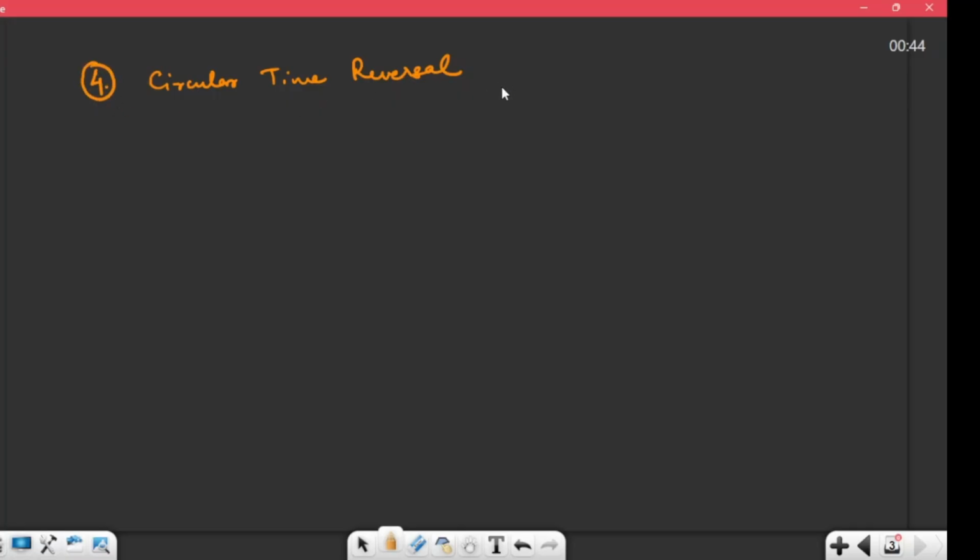Circular time reversal. So what do you mean by that? When a sequence is circularly reversed in time, how is the DFT affected? It is also circularly reversed.